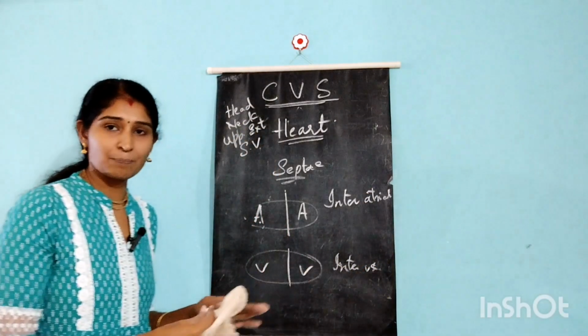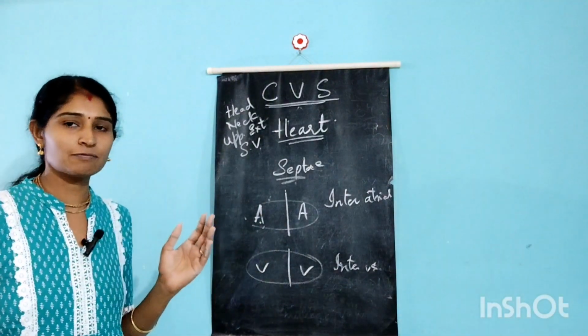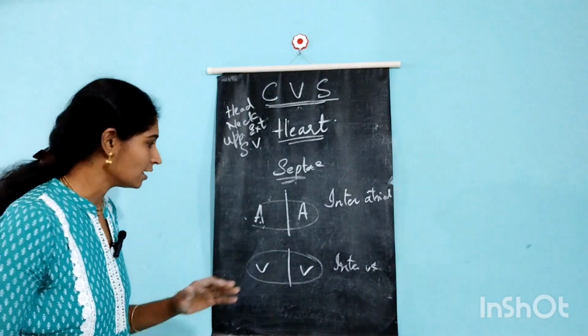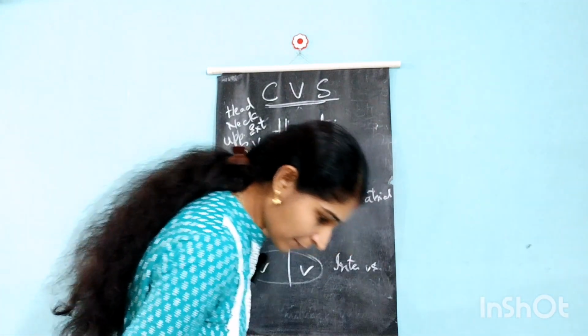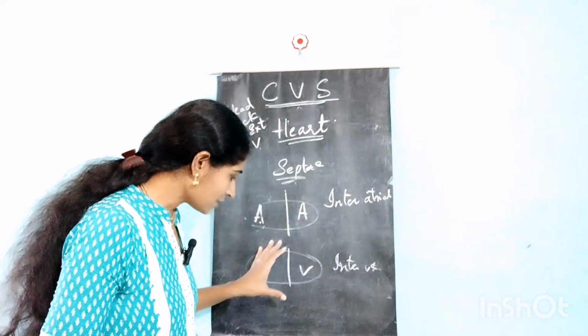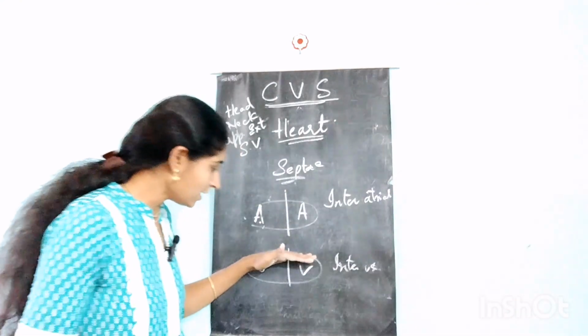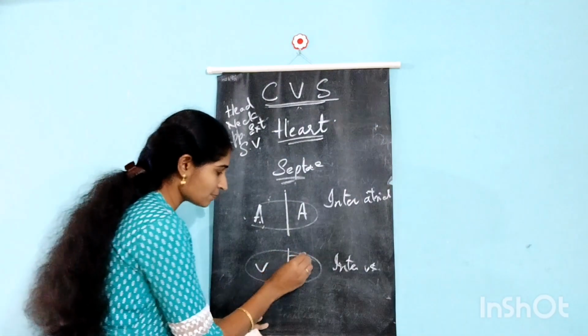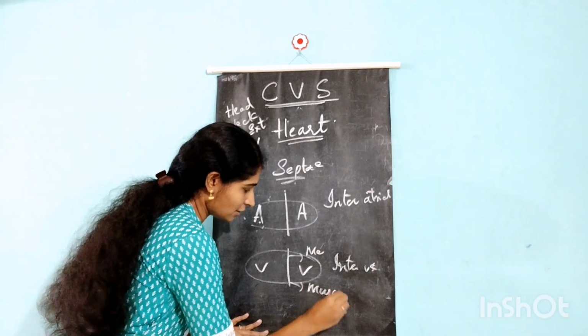That means it is going to separate the right atrium from the left atrium, right ventricle from the left ventricle. And this interatrial septum is made up of fibrous tissue, whereas the interventricular septum is made up of membranous and muscular tissue. The upper part is made up of membranous, whereas the lower part is made up of muscular tissue.